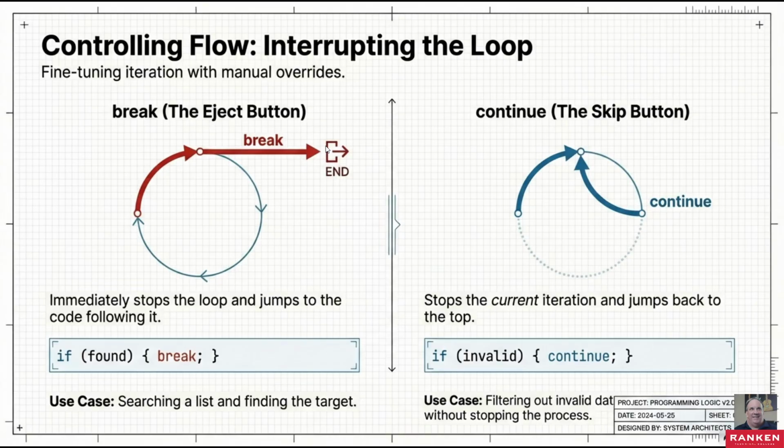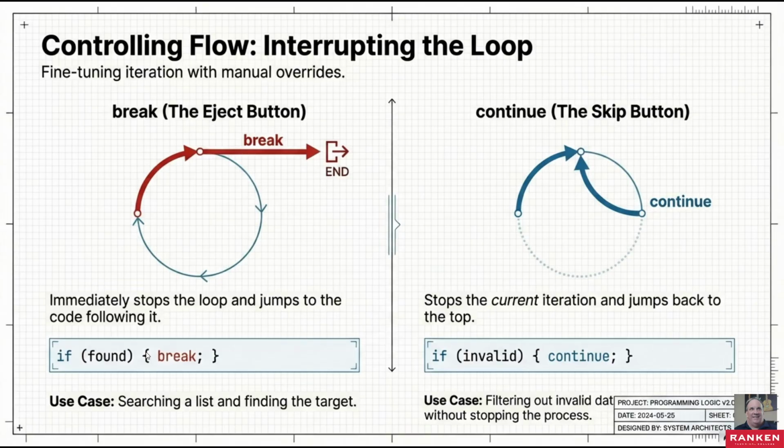Controlling flow, interrupting the loop. To stop a loop, use a break statement. Usually somewhere in your loop you've got an if statement. Maybe you're looping through a whole list of something, and once you find that, you don't want to keep looking. You're done.